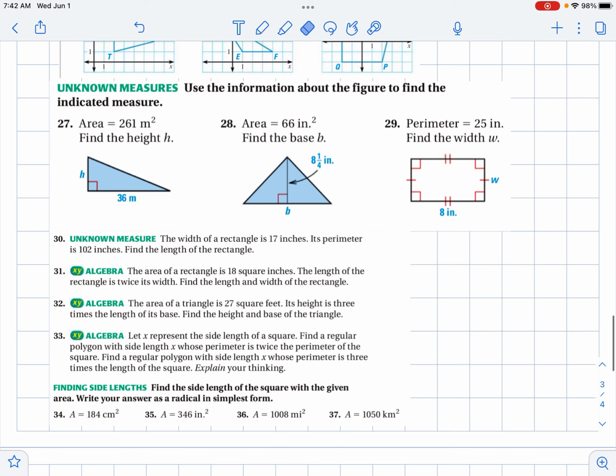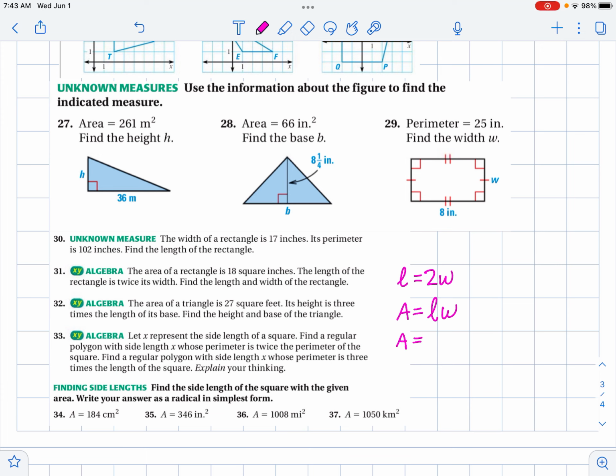And then we've got some of these word type problems where it says the area of a rectangle is 18 square inches. The length of the rectangle is twice the width. So in other words, the length is 2 times the width. So if we're talking about the area of a rectangle, well, it's length times width.